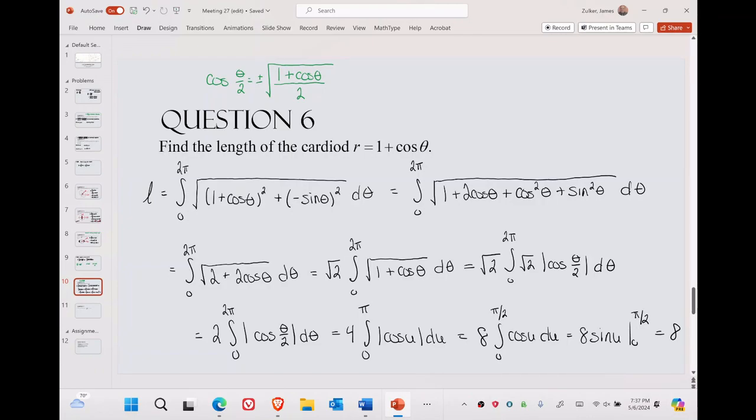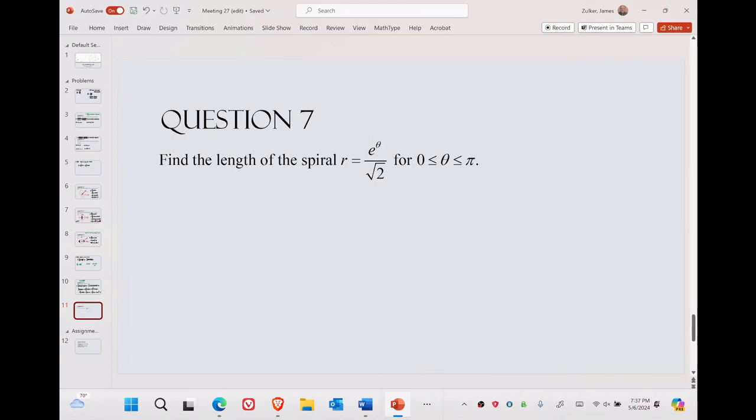Okay, we got one more. I just don't care about the cardioid. We already know what that looks like, but this spiral might be an interesting shape.